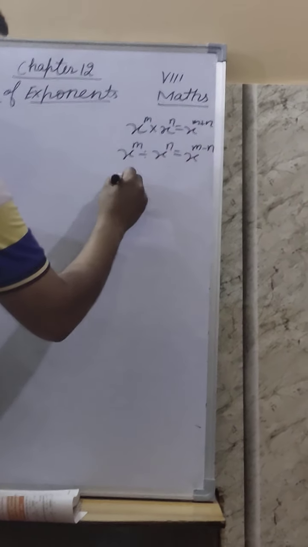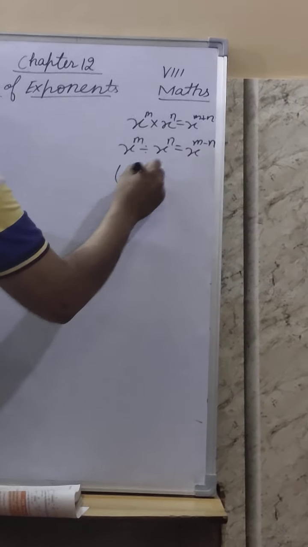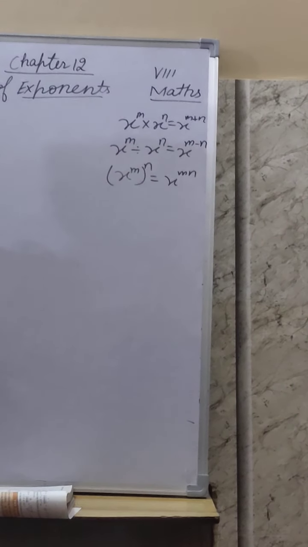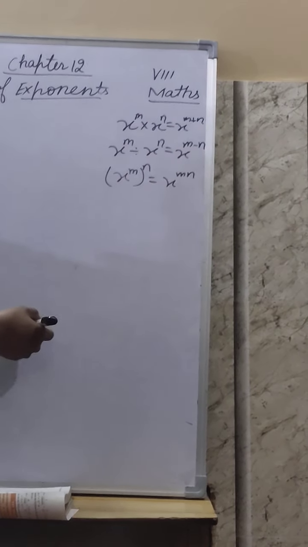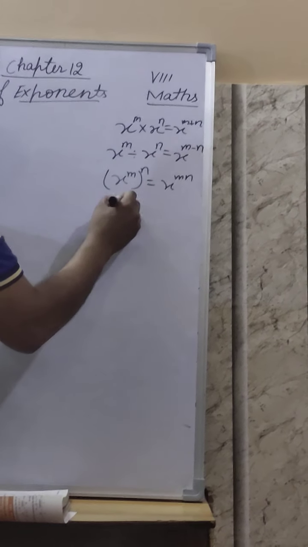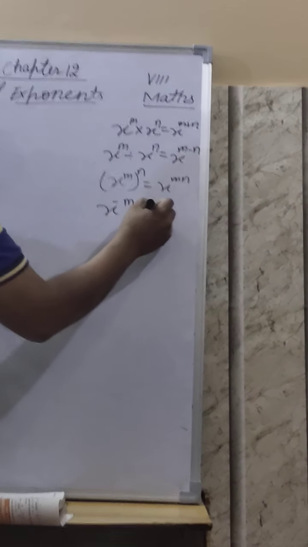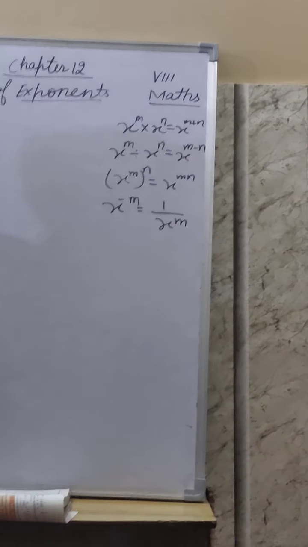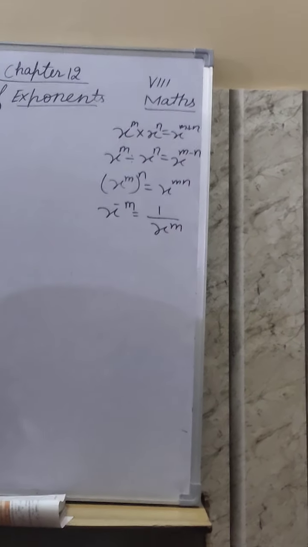And one more, power raised to power, it will multiply. And if x power minus m, it will go down, it will be 1 upon x power positive m.